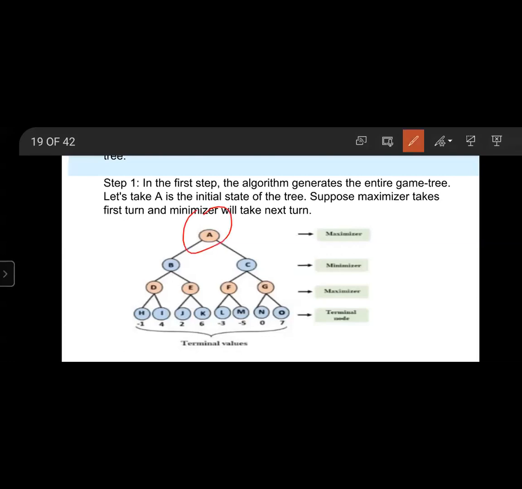Suppose maximizer takes the first turn and minimizer will take the next turn, then the next maximizer and the terminal nodes. A to B, C; B to D, E; C to F, G; D to H, I; E to J, K; F to L, M; G to N, O.